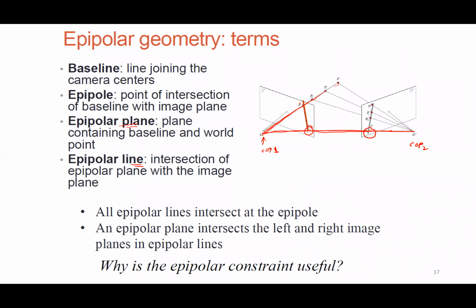So any point here could have a mapping only on this line, and any point here can have a mapping only here. Of course, if any point here has a mapping only here, the other way also has to be true, right? Because assuming it cannot have multiple mappings.